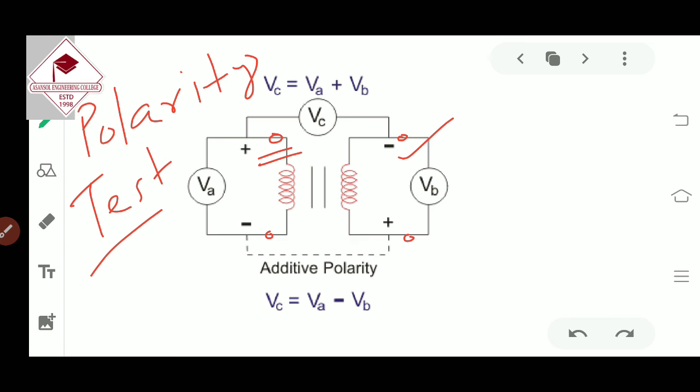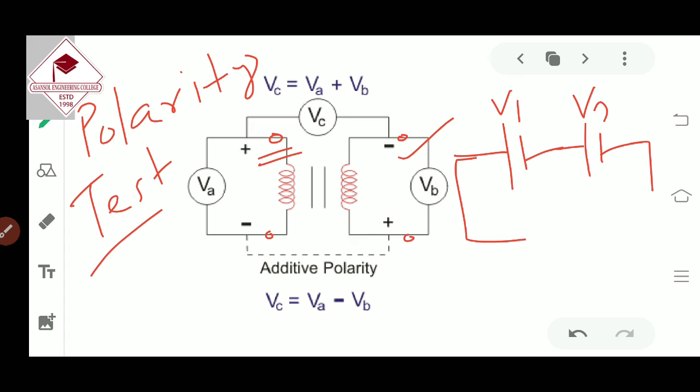Just like suppose I have 2 batteries, right? This is one battery and this is another battery. So if we add these 2 batteries in this manner, say this is V1 voltage, and this is V2 voltage, that is negative terminal to the positive terminal, what will be its result?